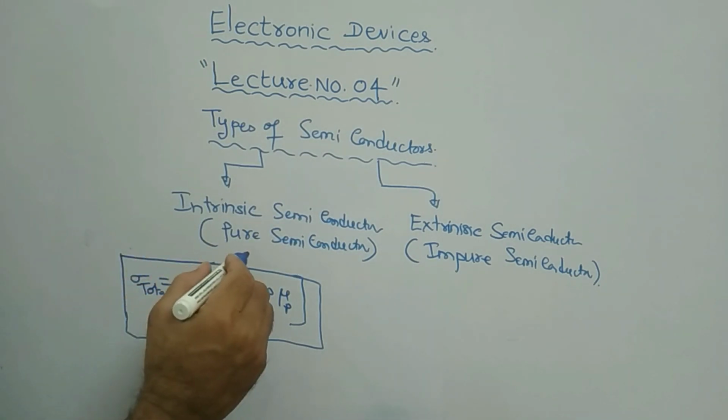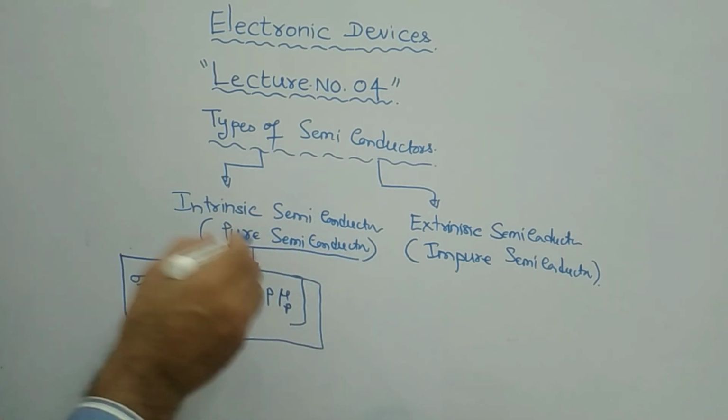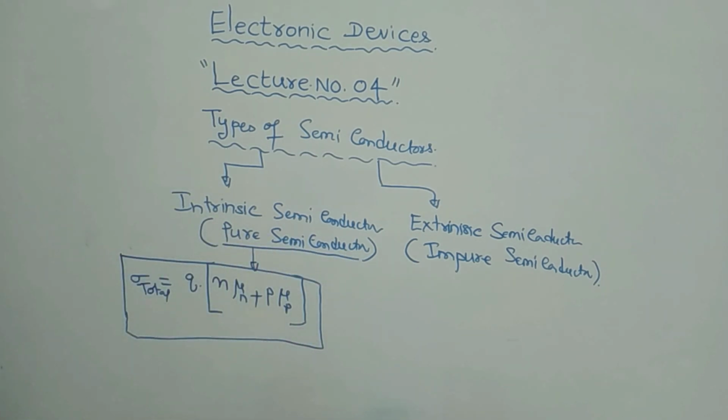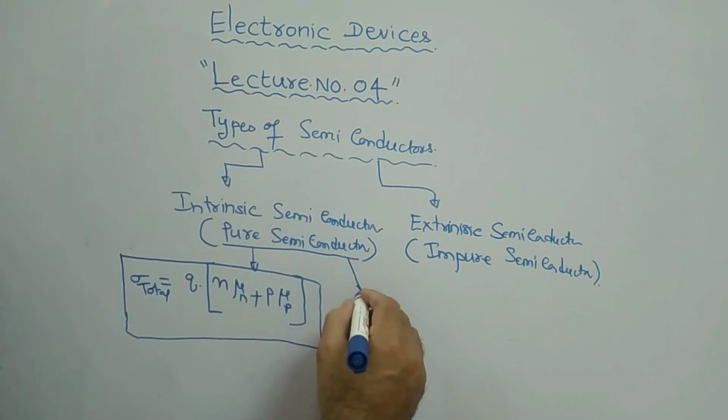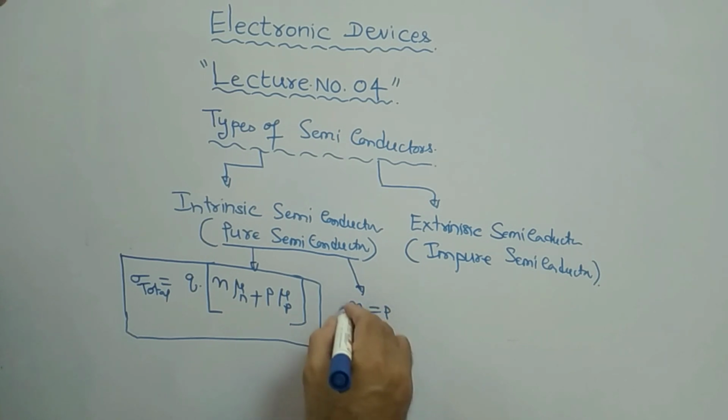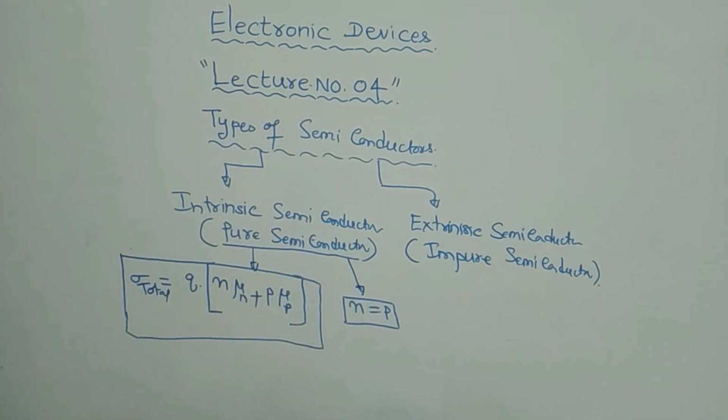If you consider the pure semiconductor first, the very important property of a pure semiconductor is that the electron concentration is exactly equal to the hole concentration. n is equal to p. That relation is applicable for a pure or intrinsic semiconductor.